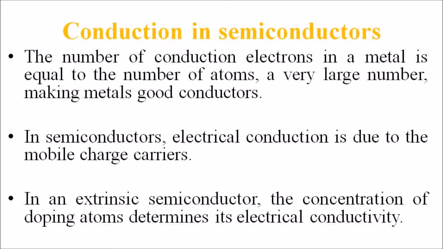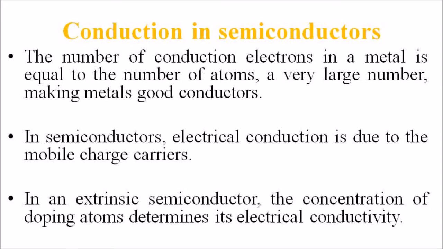In an extrinsic semiconductor, the concentration of doping atoms in the crystal largely determines the density of charge carriers, which determines its electrical conductivity, as well as a great many other electrical properties. This is the key to semiconductors' versatility. Their conductivity can be manipulated over many orders of magnitude by doping.